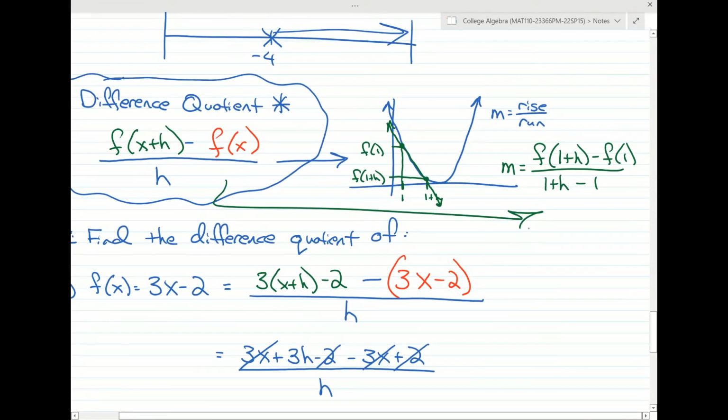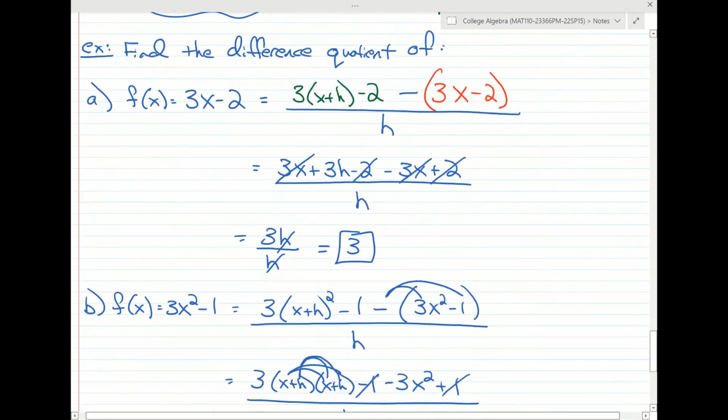Does that make sense? That's exactly what it is. It's giving you the slope of the tangent line. First half of calculus is that. Second half of calculus is called the integral, which is finding the area under a curve.